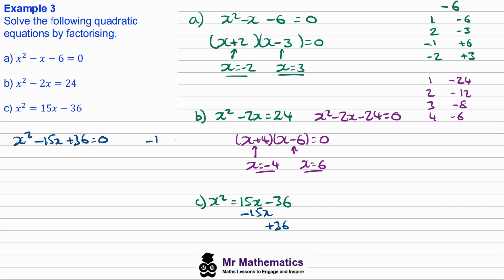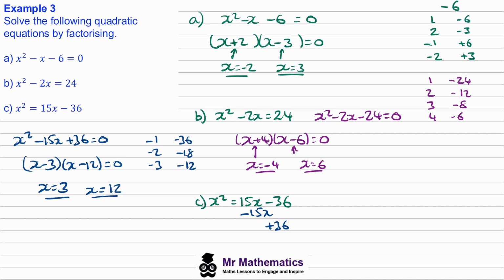So negative 1, negative 2, negative 18, negative 3, negative 12. Actually, we can stop there. Negative 3 add negative 12 will make negative 15. So we've got x minus 3, x minus 12. So our solutions will be x equals 3 and x equals 12.